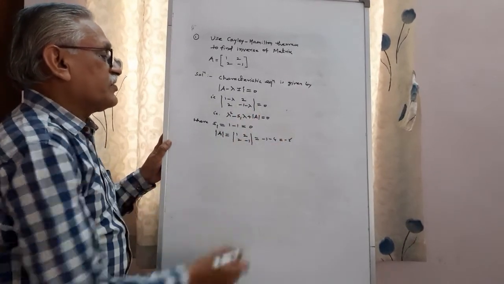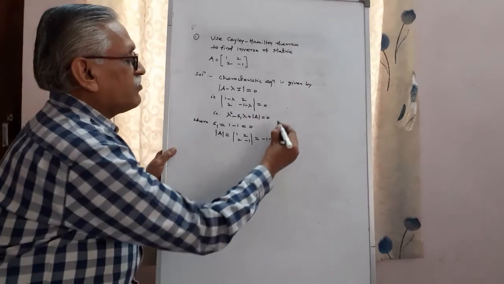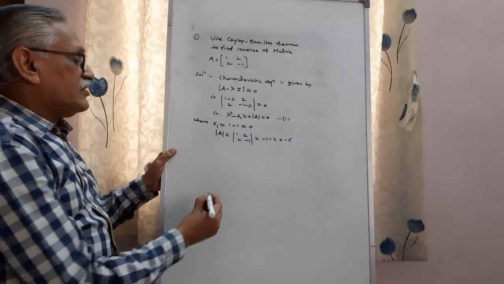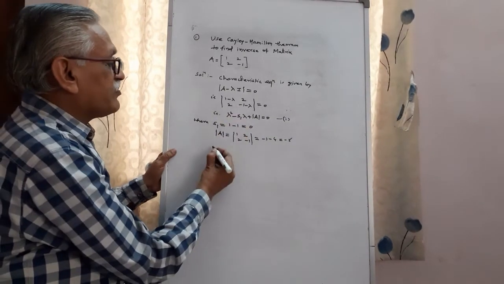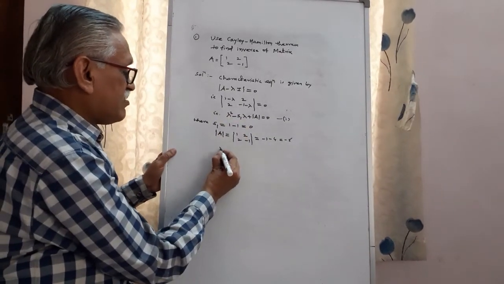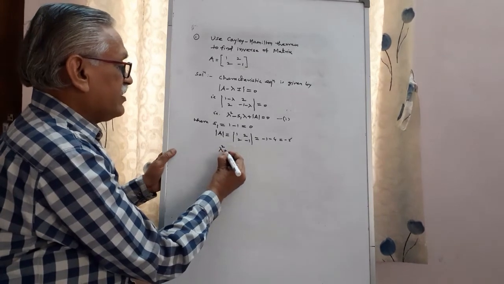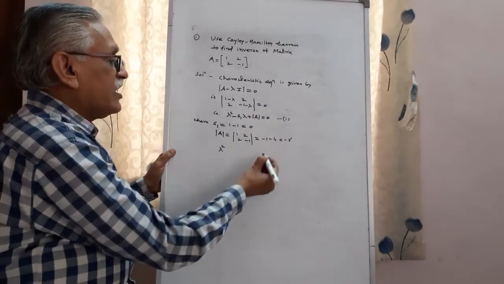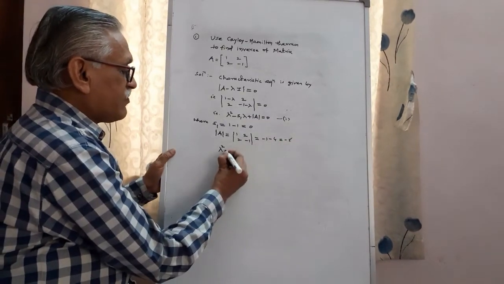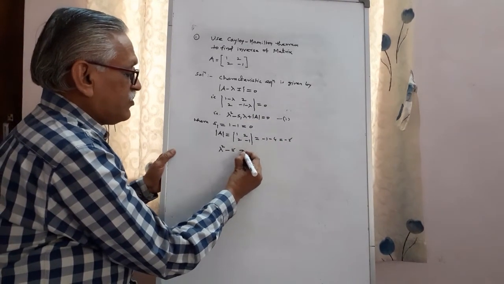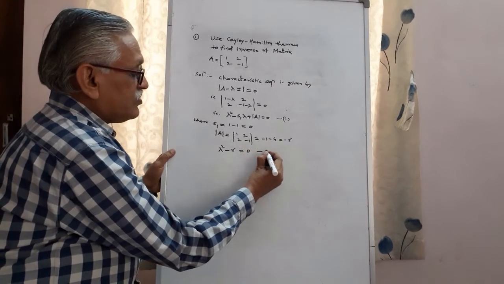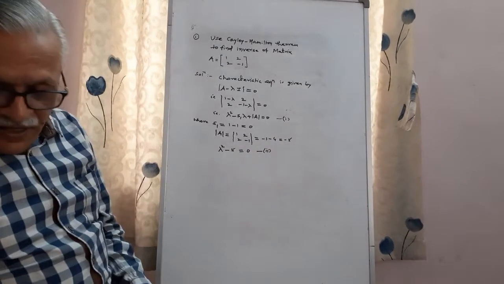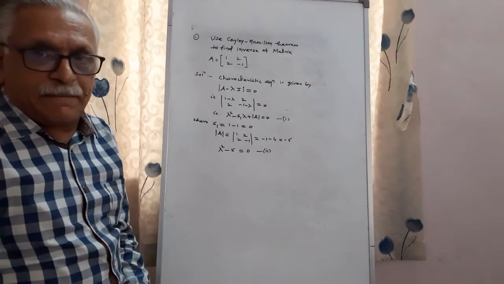Substituting in equation 1, we get lambda square minus S1 lambda, where S1 is 0 so that term becomes 0, plus determinant of A, which is minus 5, equals 0. This is the characteristic equation of that matrix.